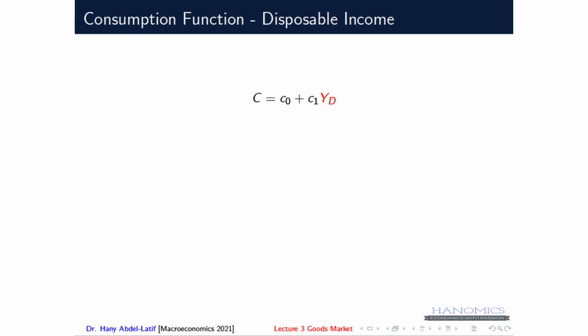And C1 is the marginal propensity to consume. YD is the disposable income. So what is YD exactly? As I said before, YD is Y minus T, your income minus taxes. Of course, this is exactly what you have. So it's equivalent to Y minus T, and this is what you can spend. That is what is available for you.